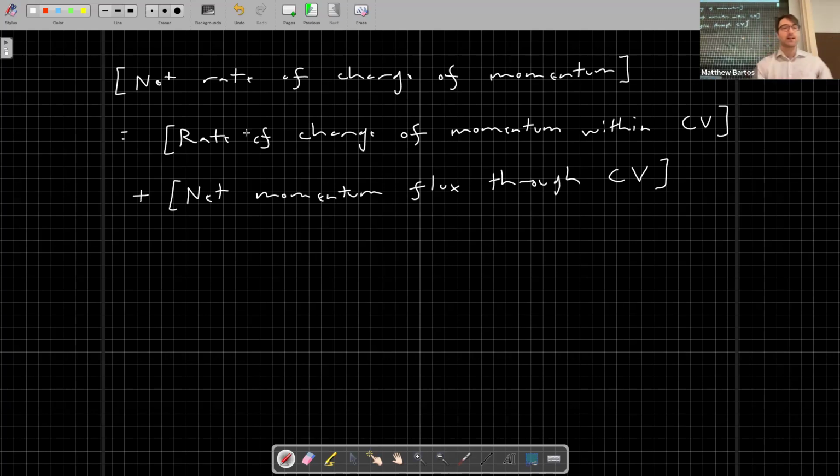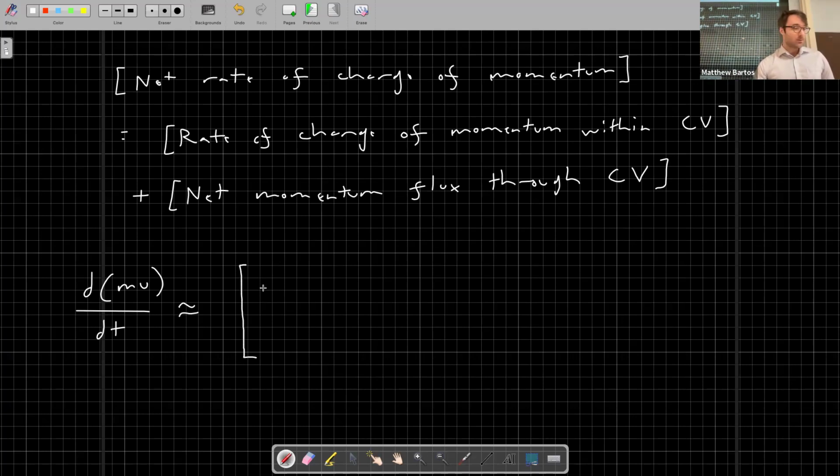So I'm going to, again, break this down. We're going to look at the net rate of change of momentum over a discrete time interval. So I'm going to take this continuous rate of change, and I'm going to approximate it over some discrete time interval delta t, because I think it just makes it easier to think about. So first we have the net rate of change of momentum within the control volume.